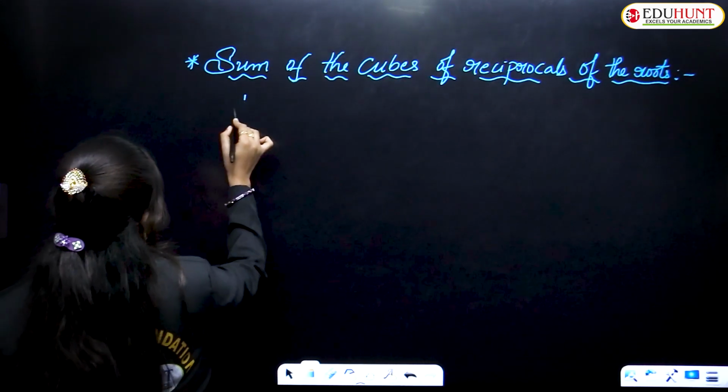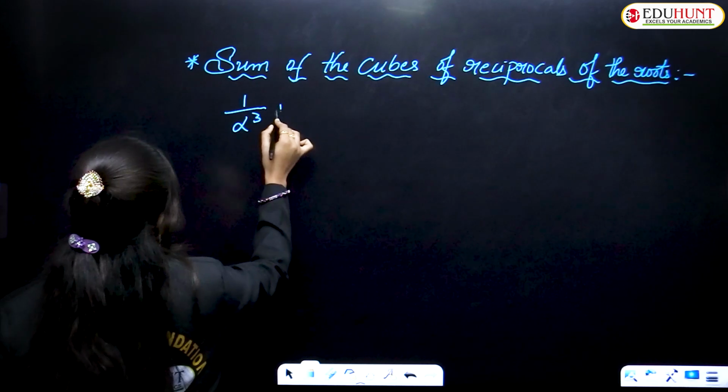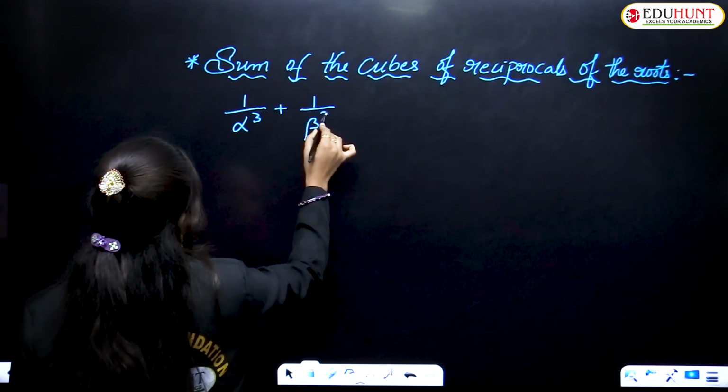Okay, so see here, which means 1 by alpha cube plus 1 by beta cube.